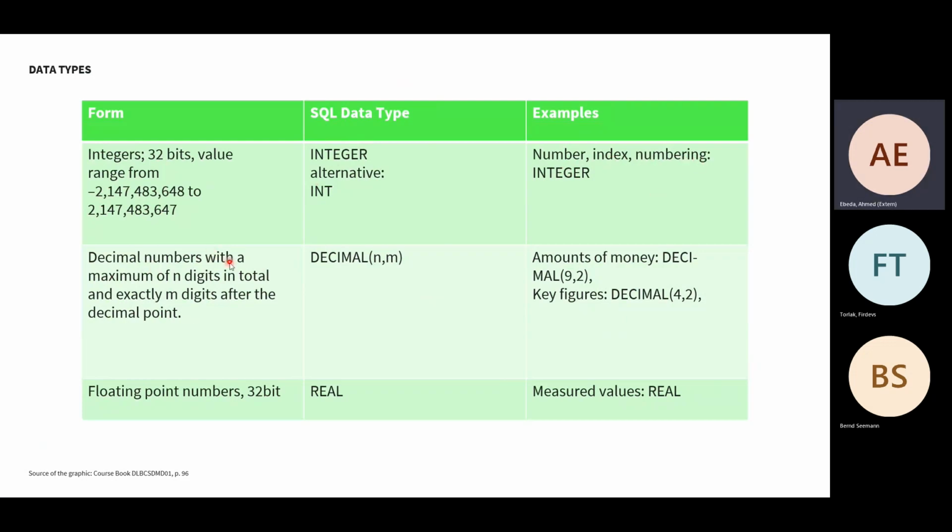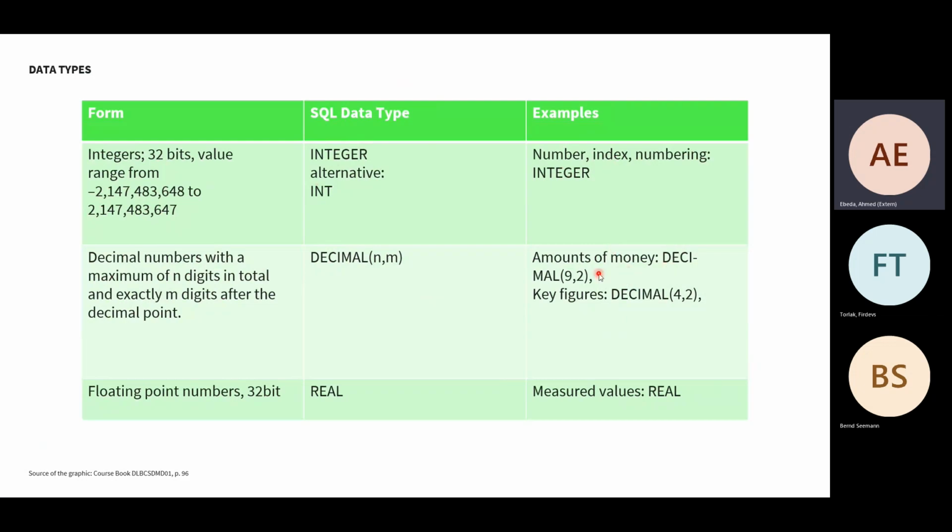Decimal numbers, the data type is decimal. It's used with a maximum of n digits in total and exactly m digits after the decimal point. So this is for an amount of money.